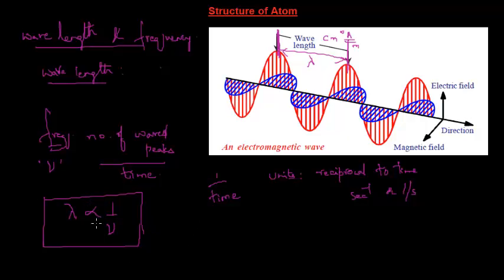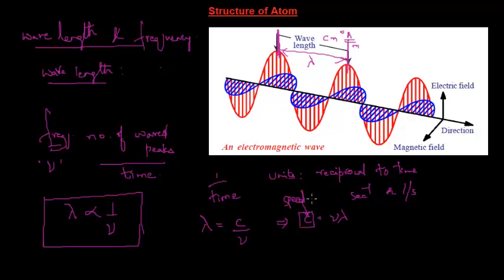When I want to remove this proportionality, I have to introduce the proportionality constant. So, instead of this, I can write lambda is equal to C by nu, or C is equal to nu lambda, where C is a constant.